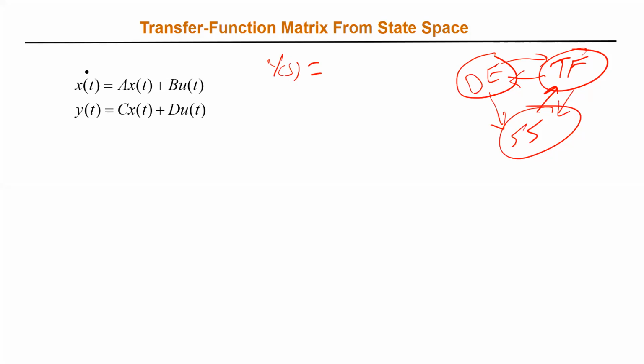So today we would like to obtain a relationship. If you have the state space, the quadruple A, B, C, and D, you would like to obtain the transfer function G of S, which relates U of S to Y of S. So what we want to do today, as I said, directly from A, B, C, and D, we would like to find the transfer function.